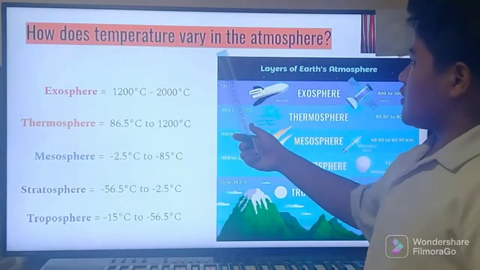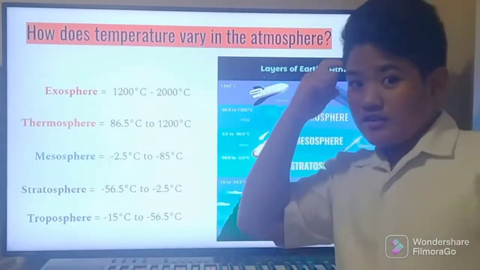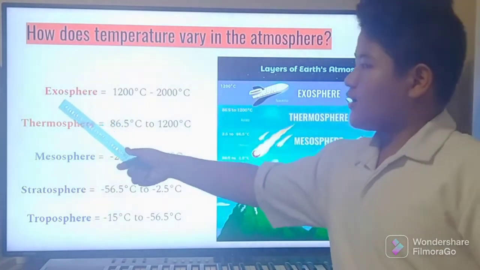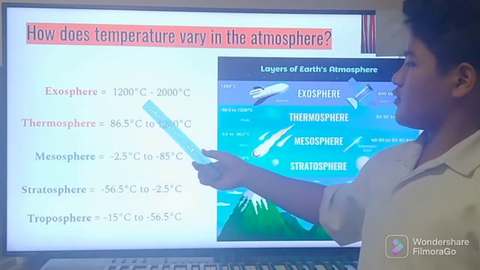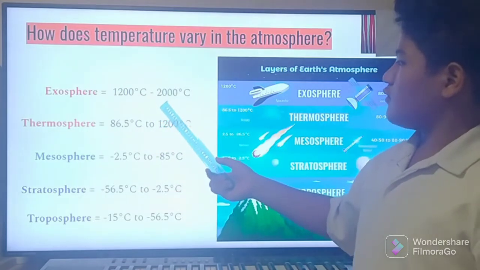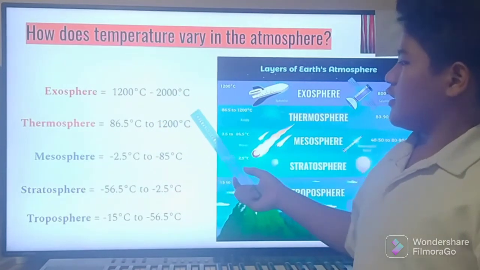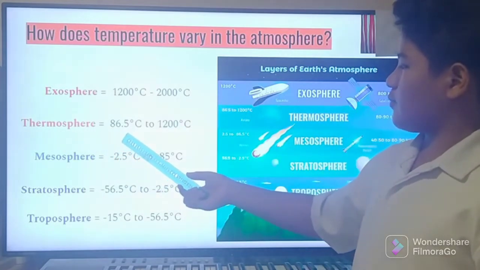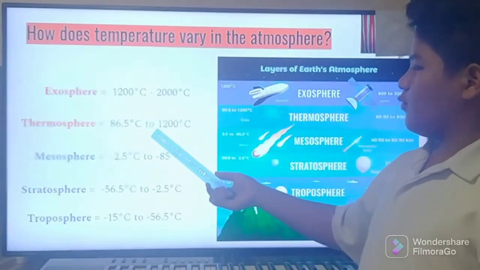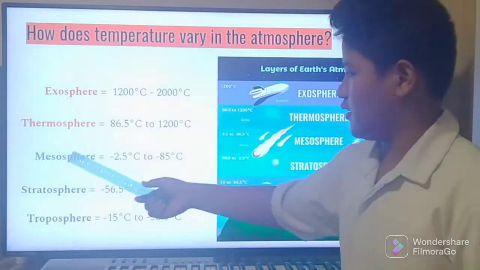How does temperature vary in the atmosphere? Exosphere: 1,200 degrees Celsius to 2,000 degrees Celsius. Thermosphere: 86.5 degrees Celsius to 1,200 degrees Celsius.